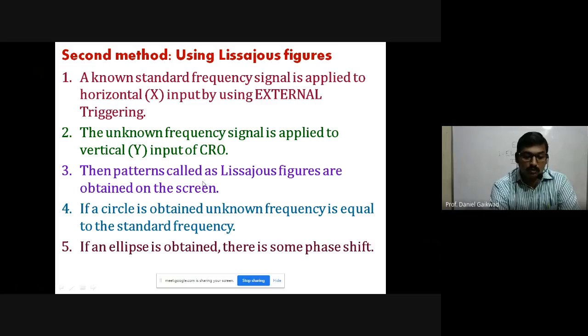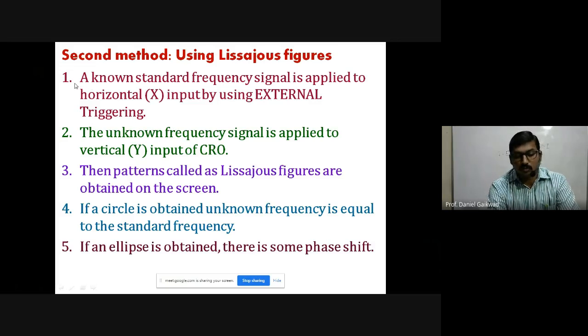Check carefully, this method is important. To observe the different shapes, for example circle, straight line or ellipse, these figures will be observed on the screen of the CRO, and they are called Lissajous figures. They are obtained according to the combination of two signals given to the CRO.